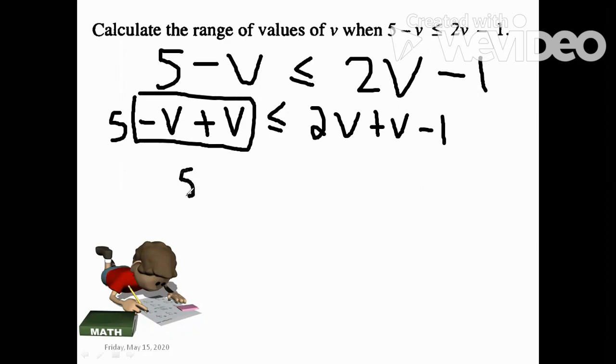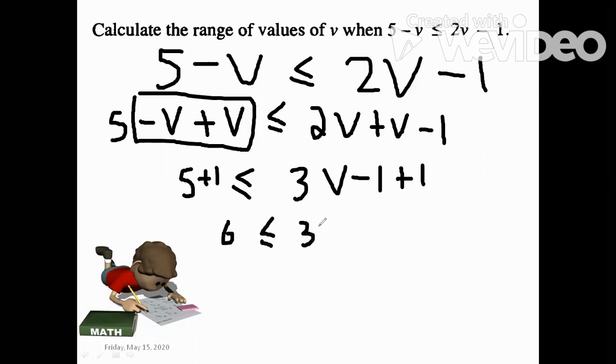So we end up with 5 less than or equal to 2v plus v, which gives us 3v, subtract 1. Basically we need to get rid of this negative 1 here, so we're going to add 1 on the right and also 1 on the left. So we end up with 6 less than or equal to 3v.